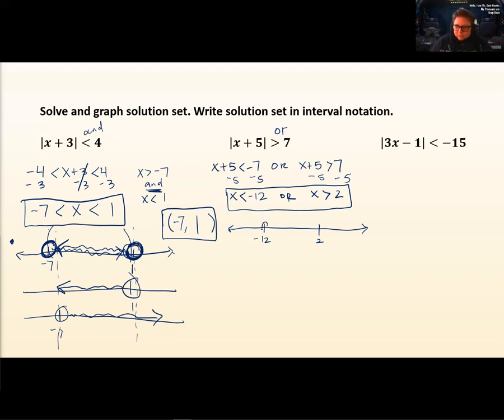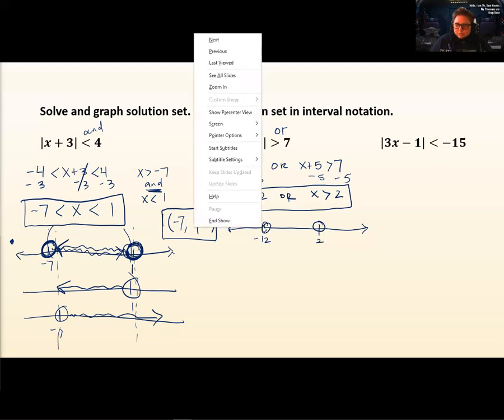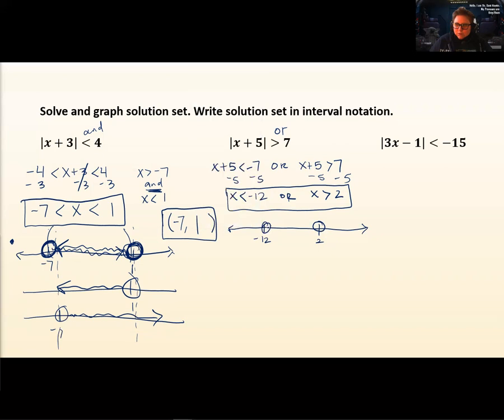Open. Absolutely. For x less than -12, which way does it go? Left or right? Right. Let's think about it. We want to go from -12 and we want to go less. What's less than -12? Which way is that, left or right on the number line?